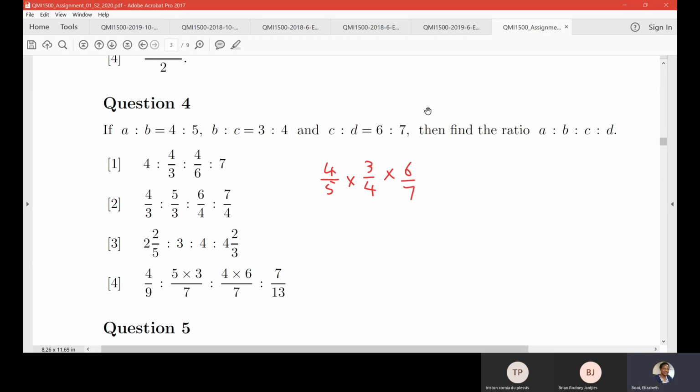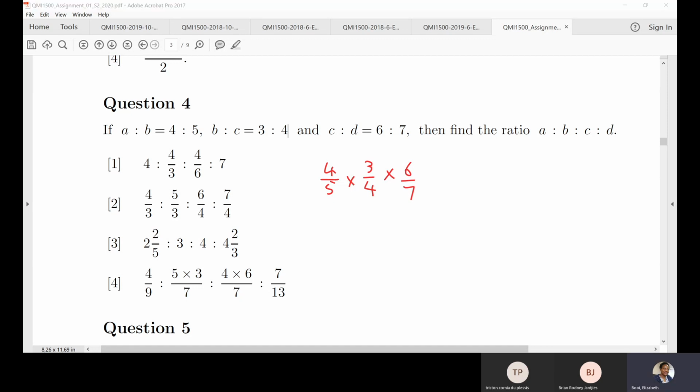And then from there you can calculate what will be A and what will be B, what will be C, after you find the product of all of them. I just want to see if there is a shorter way.